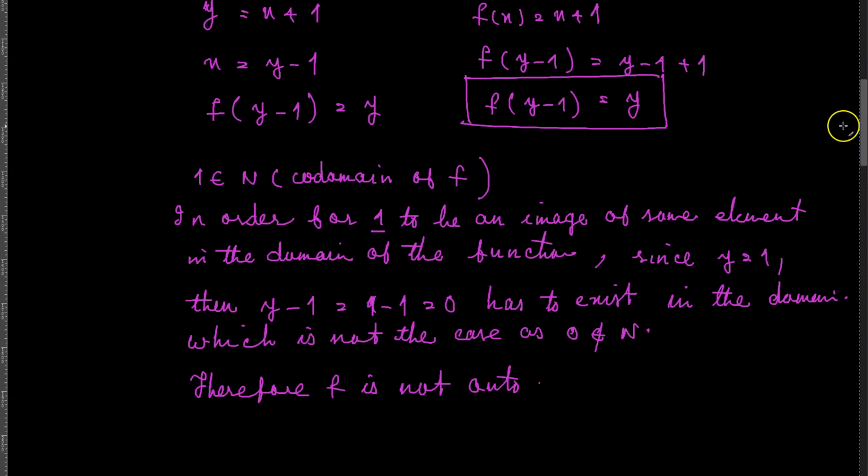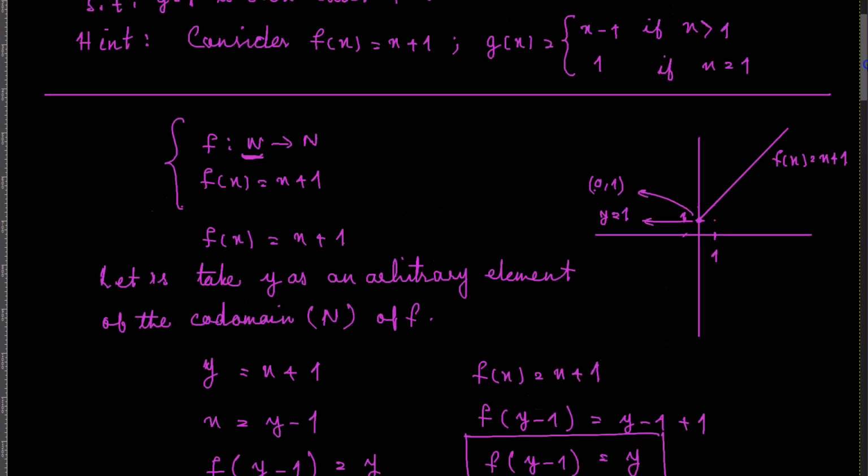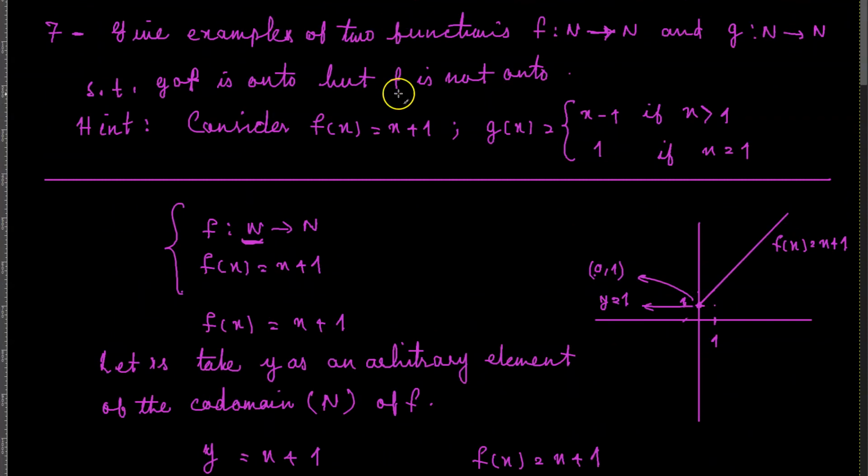Now, in the same example, to define g∘f, so g∘f is onto, but f is not onto.